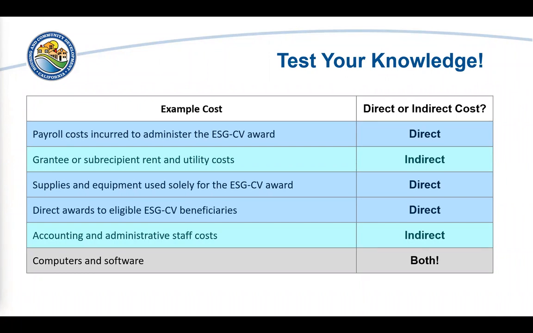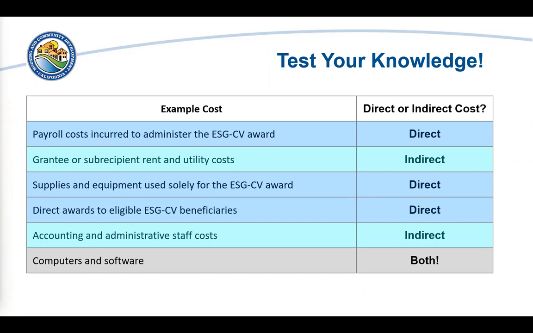Payroll costs incurred to administer the ESG CV award are direct costs, since the costs are directly and solely attributable to the ESG CV award. The same is true for the purchase of supplies and equipment used solely for the ESG CV award, and direct awards to eligible ESG CV beneficiaries for eligible ESG CV activities.